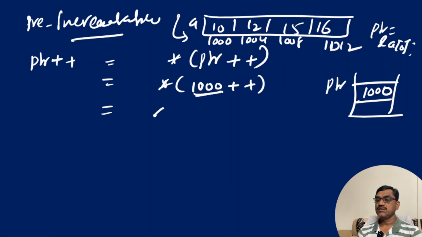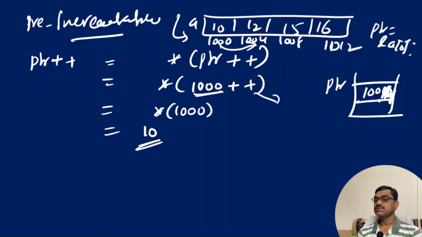That means we first get star of 1000 equals 10. After that, the value is incremented by 1, meaning it moves to the next memory location. That means the value here is 1004.